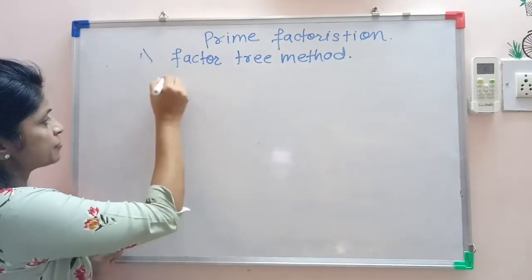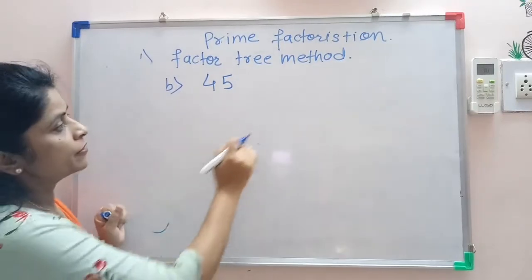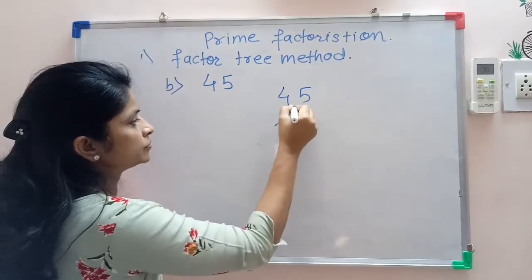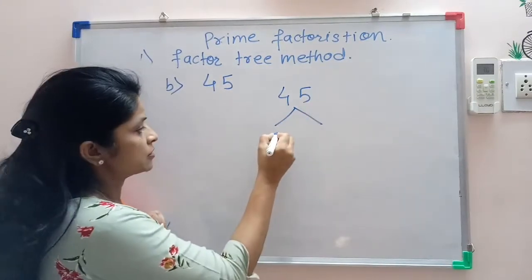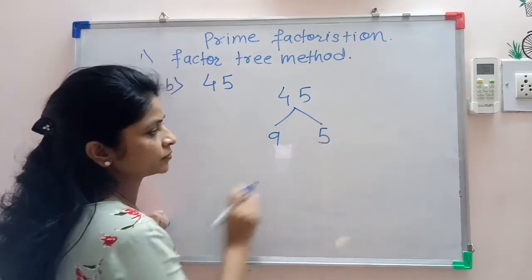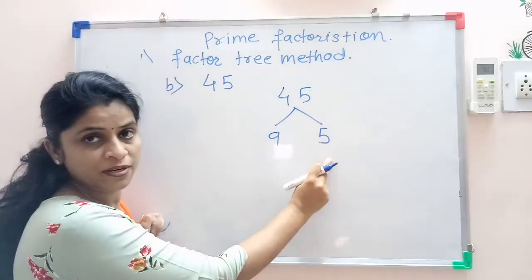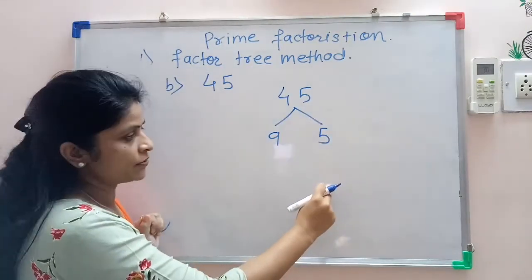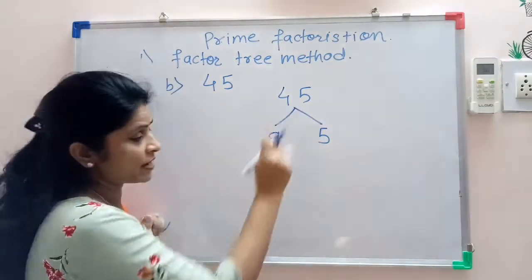Now another example, 45. Now make the factor tree of 45. Now the factors of 45: 9 multiplied by 5. Now students, here 5 is a prime number, so we don't have to take the factors of 5, because 1 multiplied by 5 is not shown on the factor tree.